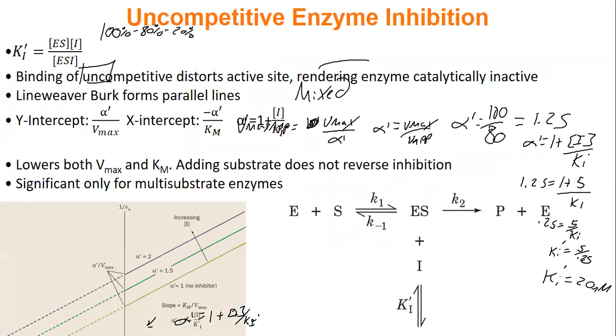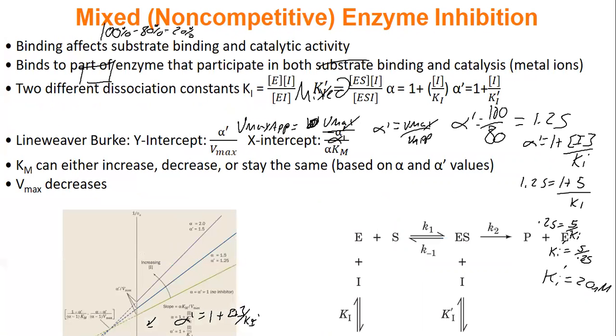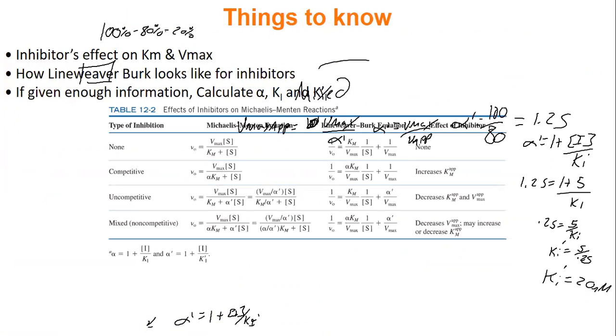Where is it? So here's the y-intercept for the Lineweaver-Burke, where it's alpha prime divided by Vmax. Remember, that's reciprocal, so we just need to flip it to get the relationship I just used.